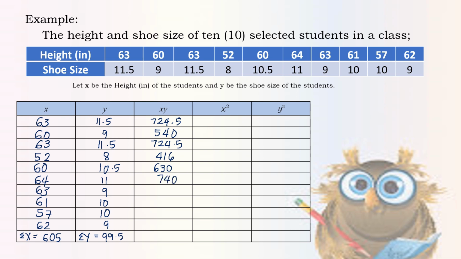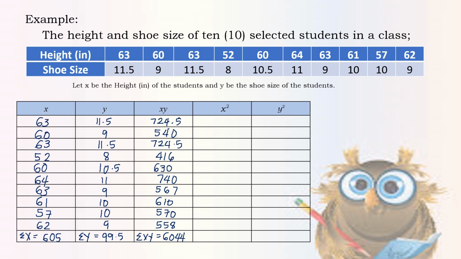This is 740. 63 times 9 is 567. This is 610. 570. This is 558. Okay, get the summation. So adding this up, we will have 6,044.